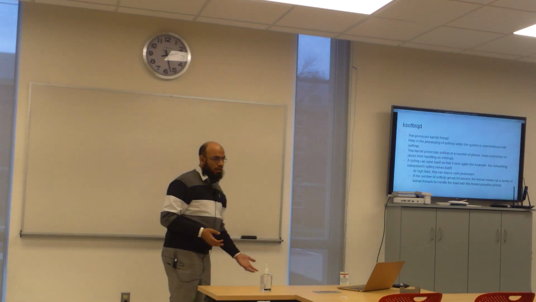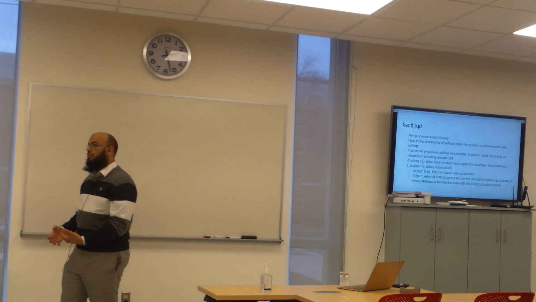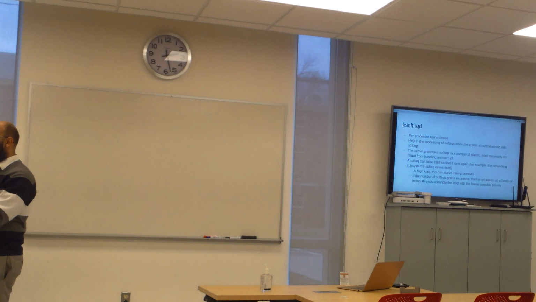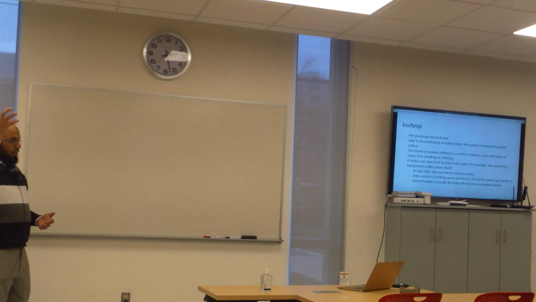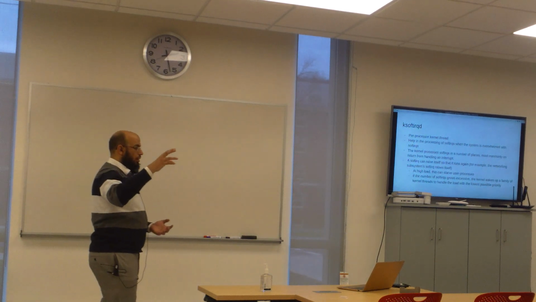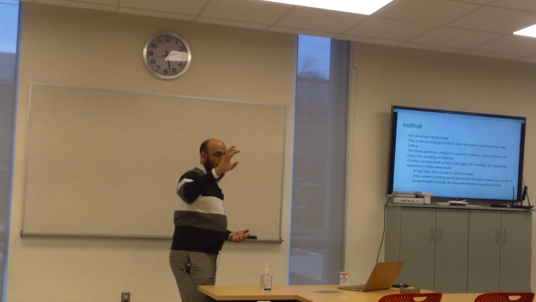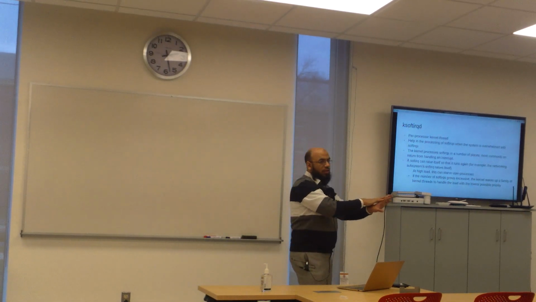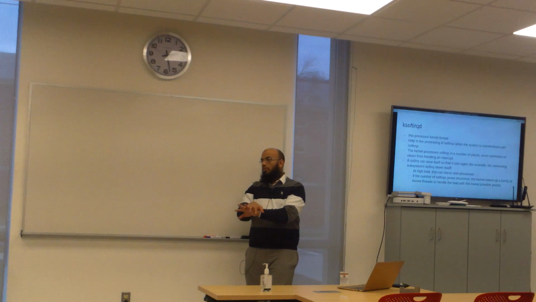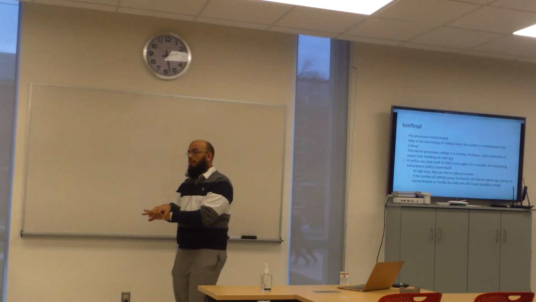So kernel soft IRQs are the kernel's way of stopping the system from getting completely overrun by all the soft IRQs that are happening. The way it does that is like the threaded IRQ I was talking about: it takes some of these tasklets or soft IRQs and converts them into kernel threads.